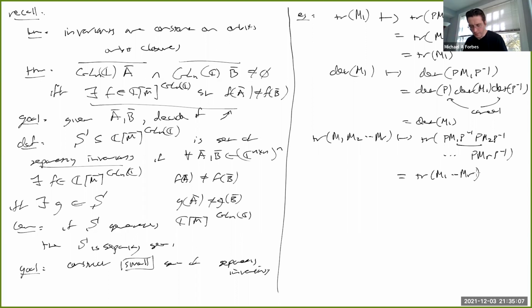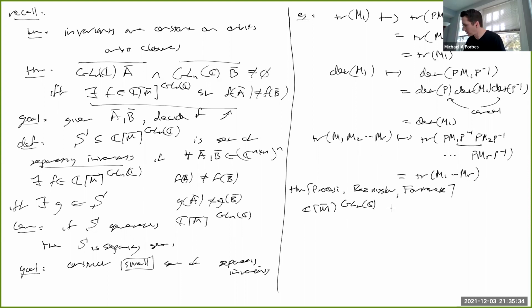Okay, so these are all invariant polynomials, and there's a theorem of Procesi, Razmyslov, and Formanek, which says that this is not all there is to say, but this is a generating set: these sorts of trace monomials.